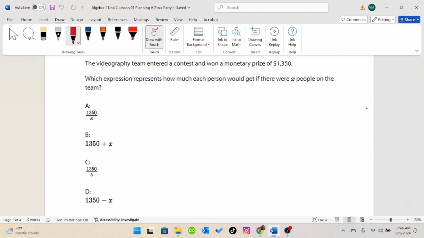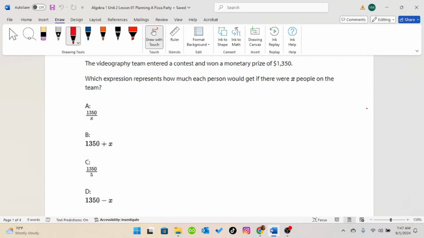In this first practice problem, it says, the videography team entered a contest and won a monetary prize of $1,350. Which expression represents how much each person would get if there were X people on the team?